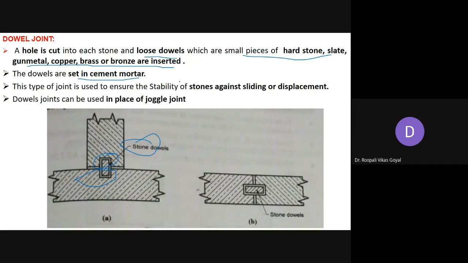This type of joint is used to ensure the stability of stones against sliding or displacement. So they will save it against sliding as well as displacement. And these dowel joints can be used in the place of joggle joint. Instead of a joggle joint you can use a dowel joint by forming a hole in the stone and then inserting the dowels.